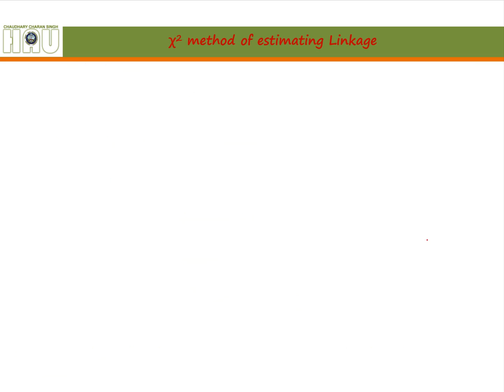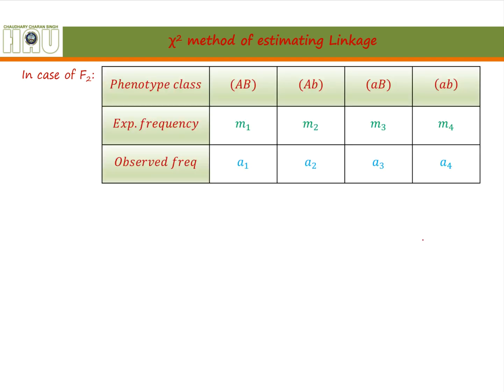Now in case of F2, how will you estimate? In case of F2, we will consider all four phenotypic classes and their expected frequencies as M1, M2, M3, M4, and observed frequencies A1, A2, A3 and A4.